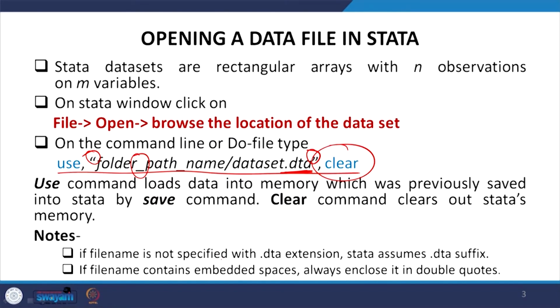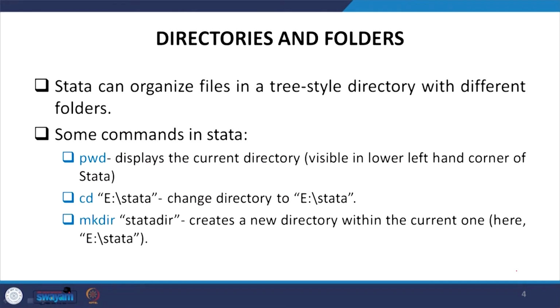If there are embedded spaces, it is always better to enclose the path in double quotes, as I told you, inverted commas. Double quotes are used for that only, and then it reads the exact path of the data.